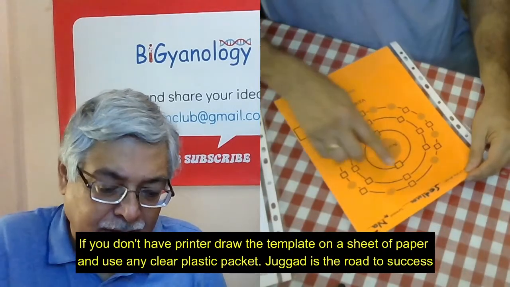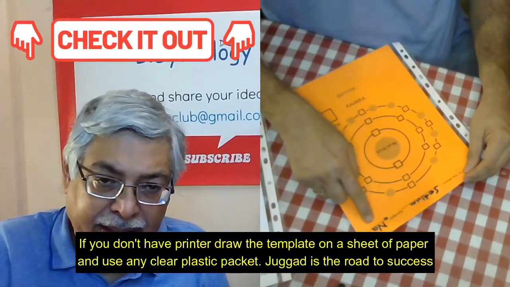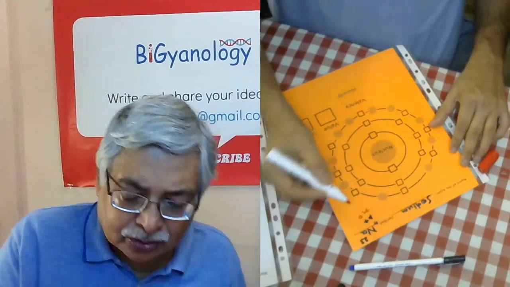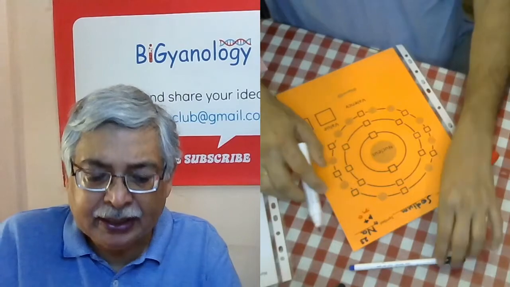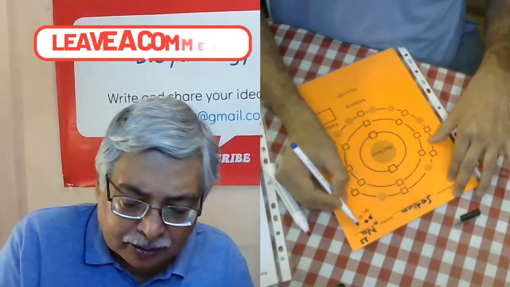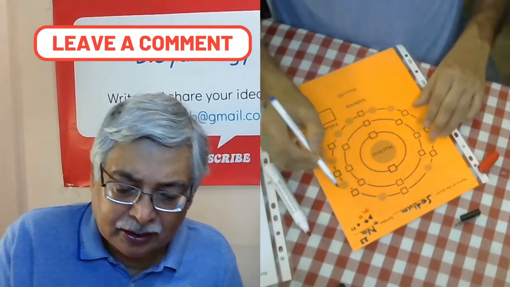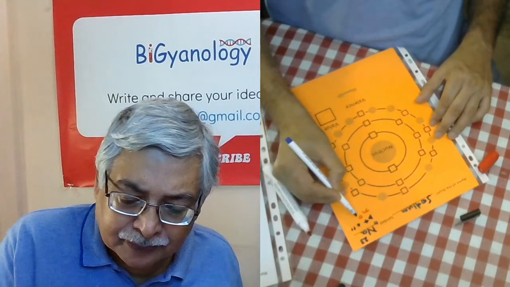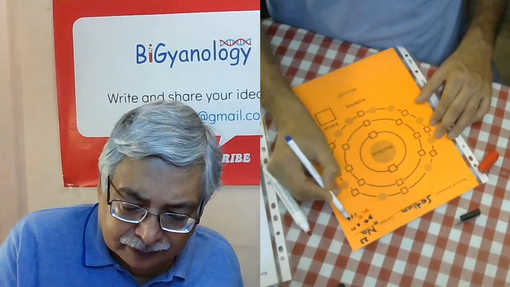Sodium, symbol Na, atomic number 11, atomic weight 23. So here 11 is the atomic number, so 11 protons. 23 is the atomic weight, so neutrons are 23 minus 11, which comes to 12.